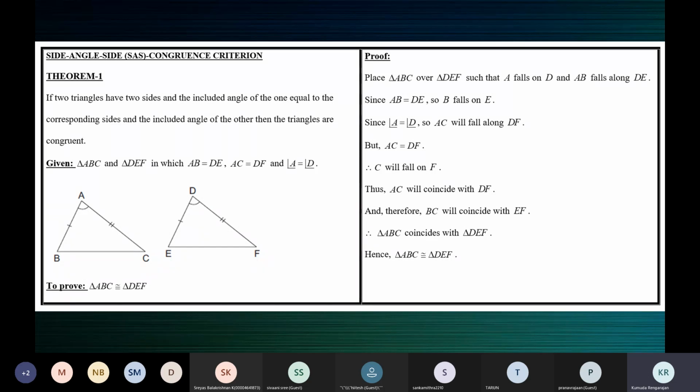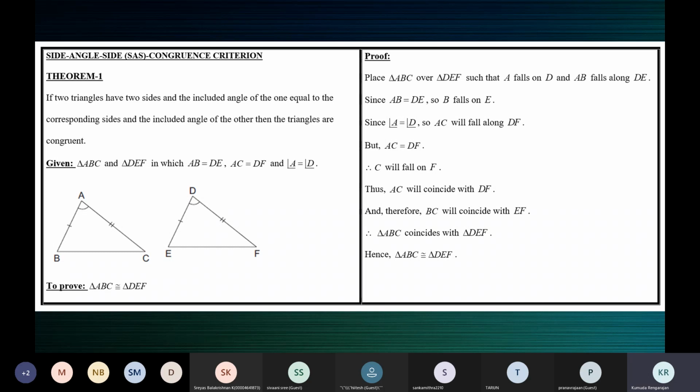So in two triangles, we have 3 pairs of angles and 3 pairs of sides. When the 3 pairs of angles are equal and the 3 pairs of sides are also equal, then the triangles are congruent to each other.